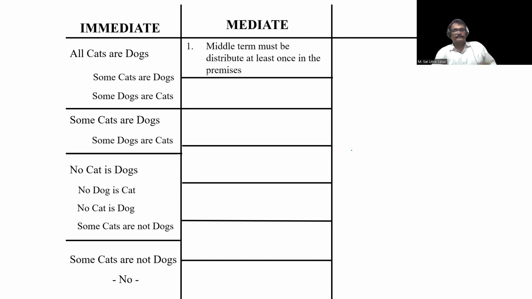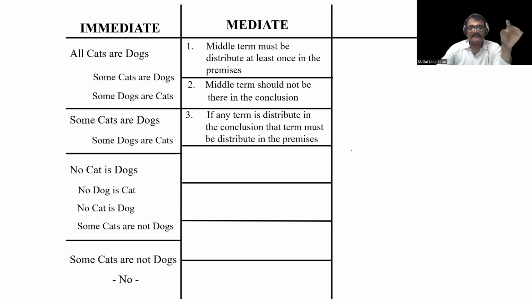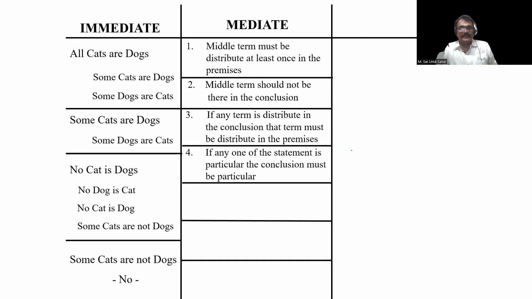Next, mediate. Here the middle term must be distributed at least once in the premises. That is important. Next, the middle term should not be there in the conclusion. Next, if any term is distributed in the conclusion, the term must be distributed in the premises. Next, if any one of the statements is particular, the conclusion must be particular.